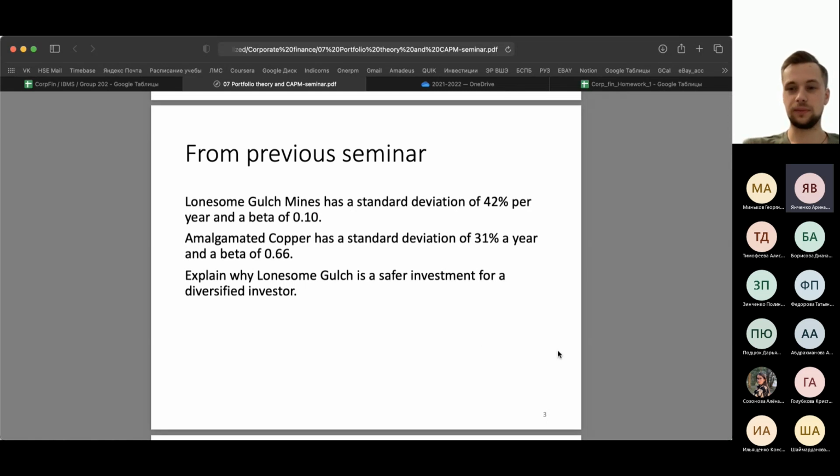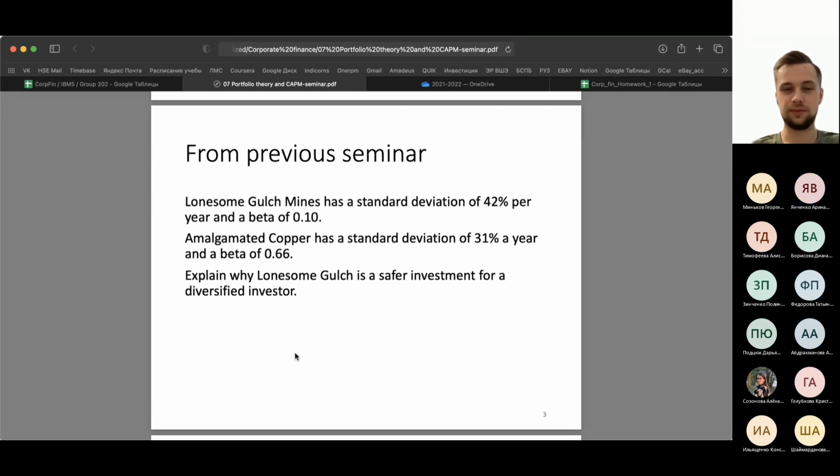Because, if I'm not mistaken, beta is a representation of the correlation, and as it's small, it means that the correlation is small, then the risk is small too. The correlation of what with what? The correlation of probably these two companies.